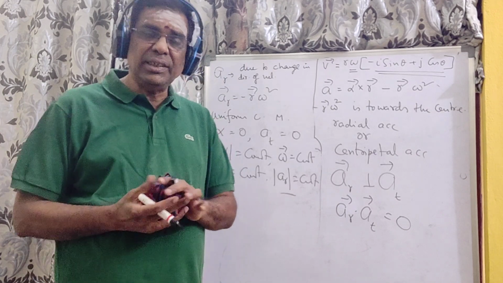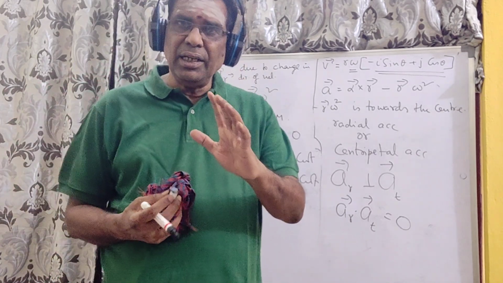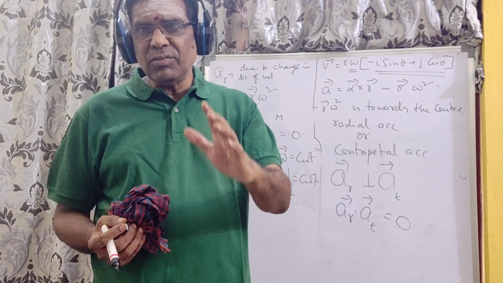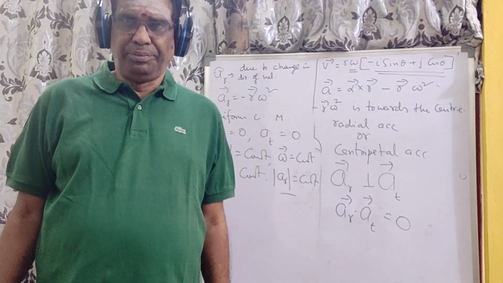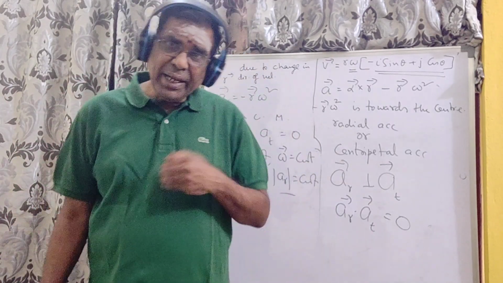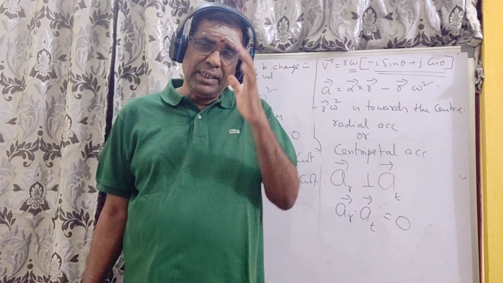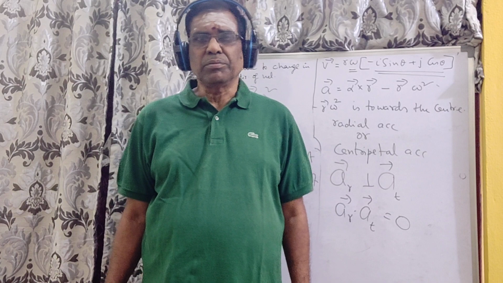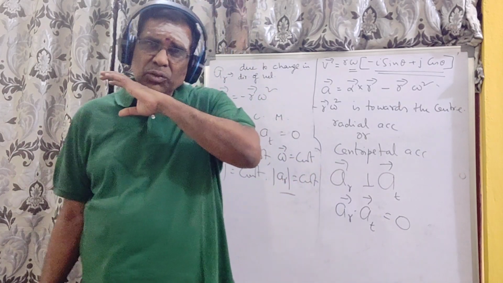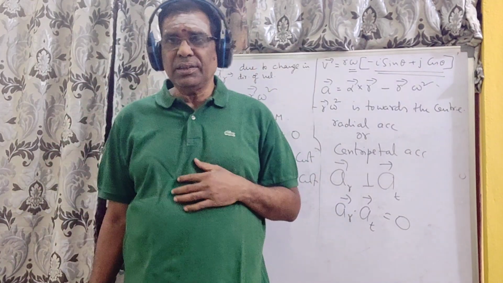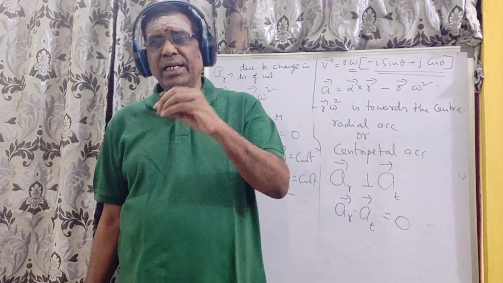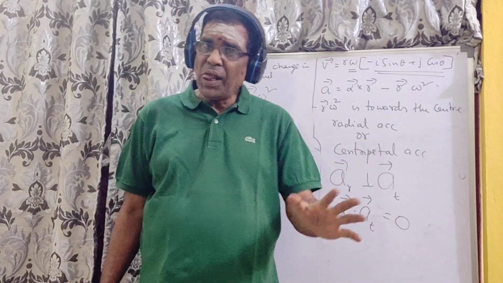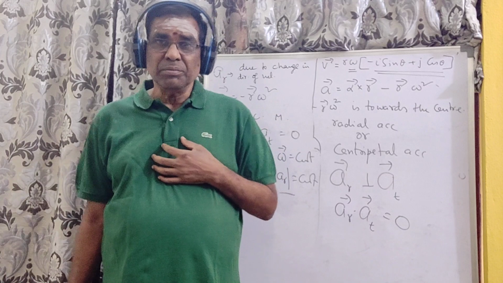So, what is the essential condition for circular motion? Maybe I can say, what is the essential condition for curvilinear motion? Whether magnitude of velocity changes or not, AT may be present or not, it makes no difference.